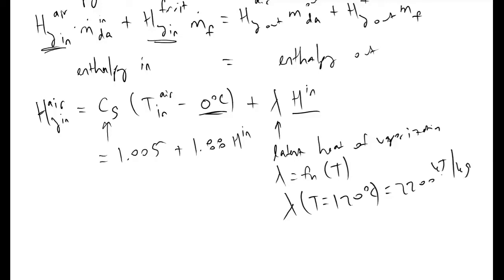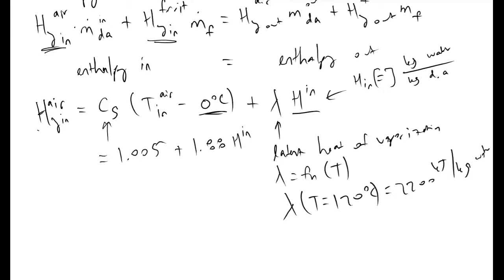And so to recall the units that we are working with, H_N will have units of kilograms of water per kilogram of dry air. And so the kilograms of water in the denominator here will cancel out.